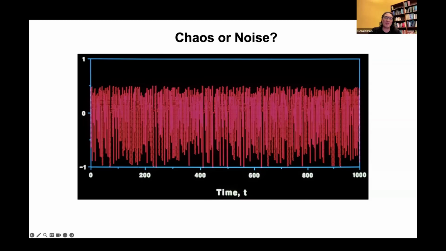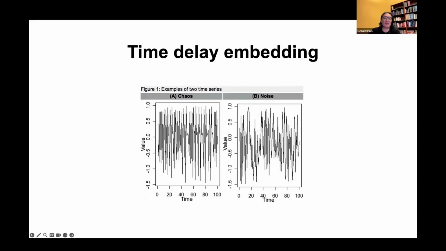So how do we know if this is predictable or not? Here we can show you a delay embedding. Let's say you have these two. I'm already telling you which one is chaos and which one is noise. If you take the first value, we call this today, and the second time point, we call it tomorrow, then we can make a 2-dimensional vector.